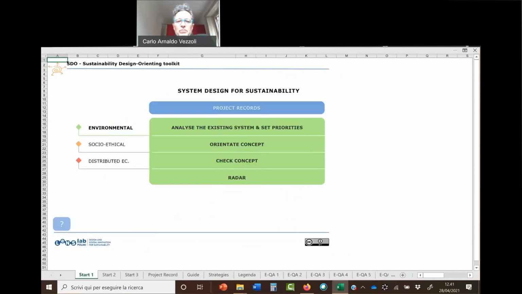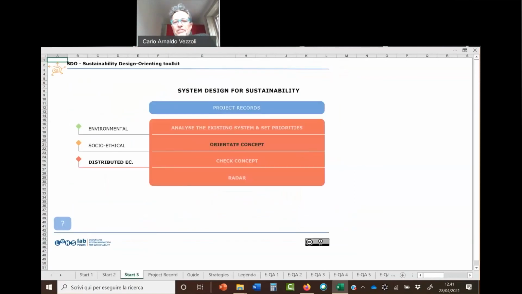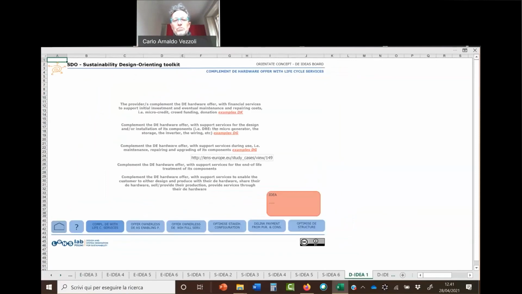For the distributed, we don't have an evaluation of the existing system and a check, because we evaluate the environmental and socio-ethical sustainability. We are evaluating the sustainability, but we have guidelines to address, and we can generate ideas to address the system towards a promising distributed system, with examples on different types.